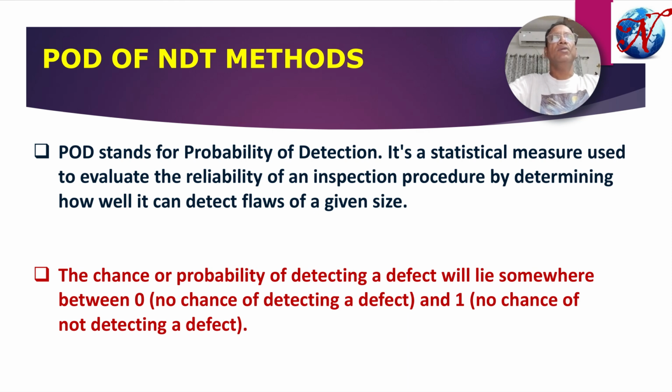If we inspect the same weld by radiographic inspection, the defects associated with a particular plane, like lack of fusion or the crack in the transverse direction, have a very low probability of detection by radiography, because the radiation beam is not exactly perpendicular to those defects.